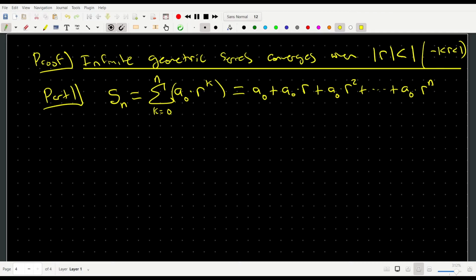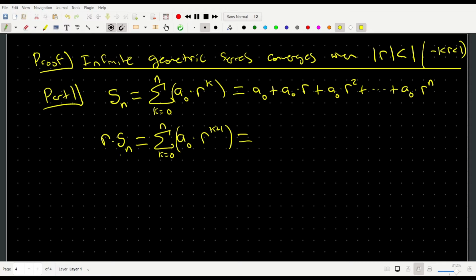And because this is a finite sum, we can just consider what r times Sn is equal to. If we do r times Sn, this is the same thing as the summation from k equals 0 to n of a0 times r to the k times r, which is r to the k plus 1.